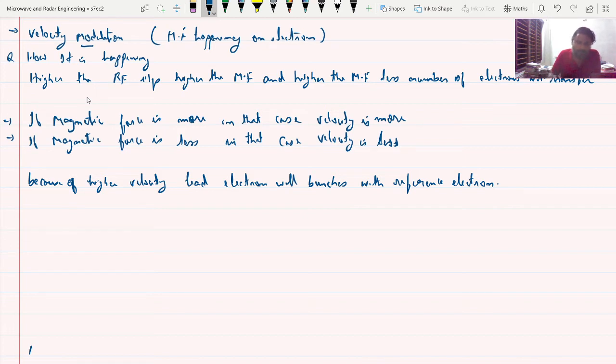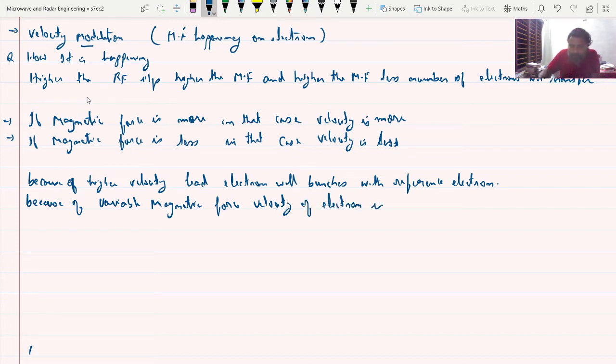So I will write that one. Because of higher velocity, a lead electron will bunch with the reference electrons, and because of variable magnetic force, what happens? Velocity of electron is variable.